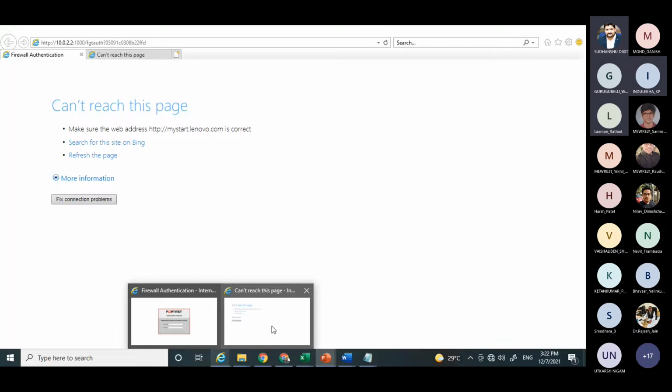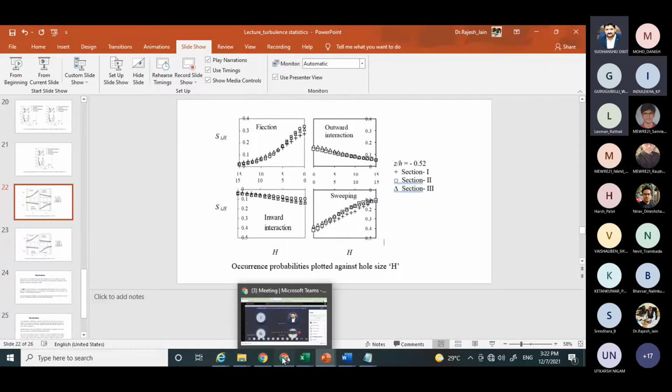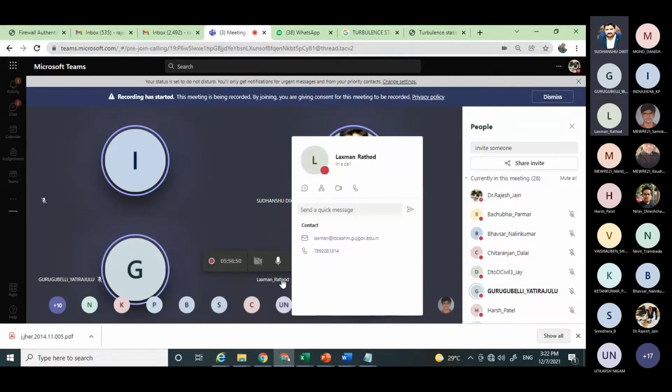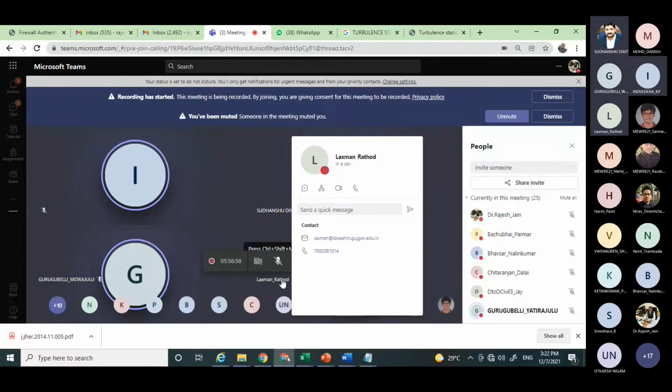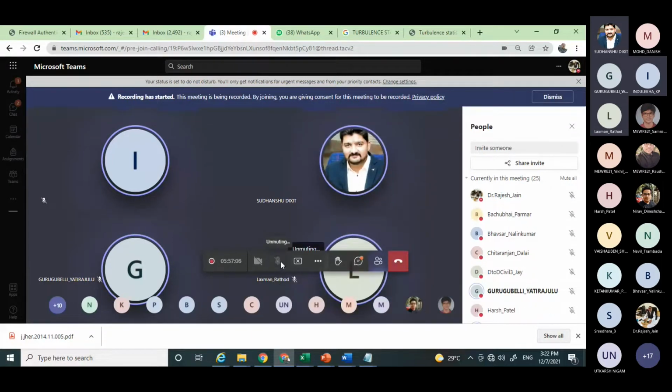We will continue with the third session by Dr. Manoj Langhi sir, on the title Use of Computational Fluid Dynamics in Estimation of Turbulence Characteristics. Now you have enough idea of what turbulence is, what the turbulence characteristics are, and the different relations and models for different conditions like ejection and sweep.